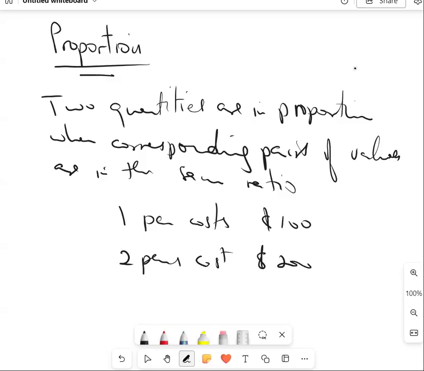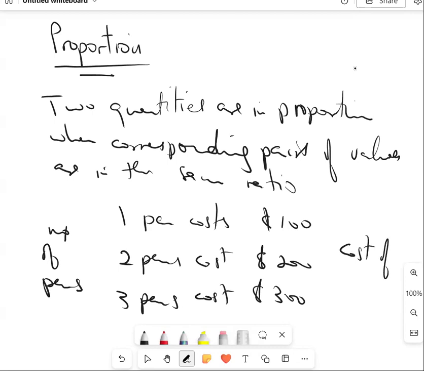And then you can go on and on. 3 pens cost $300. Now, what you're seeing here, you have one quantity, the number of pens over here, and then over here, you have the cost of the pens.